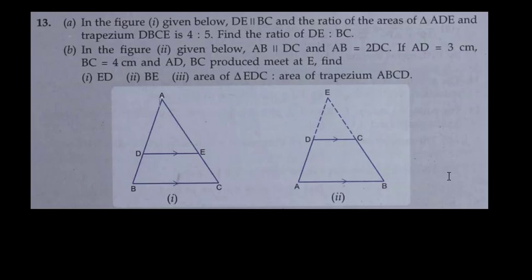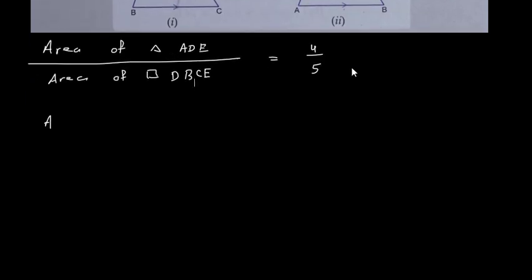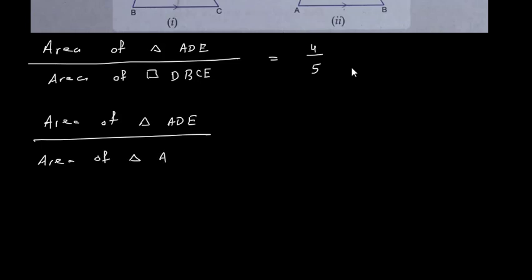Here I will write area of triangle ADE divided by area of trapezium DBCE. It is given 4 divided by 5. Now I have to find the area of triangle ADE divided by area of triangle ABC.